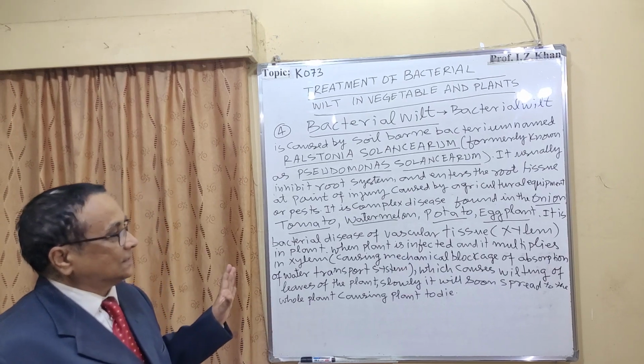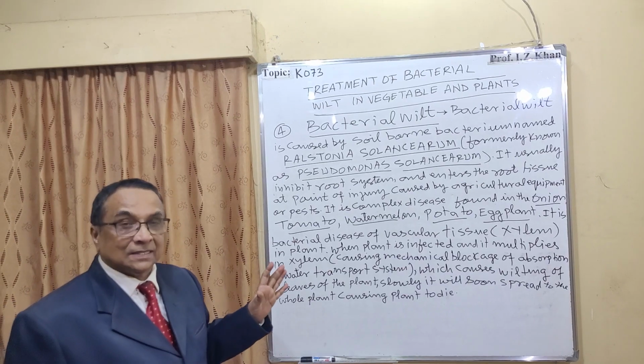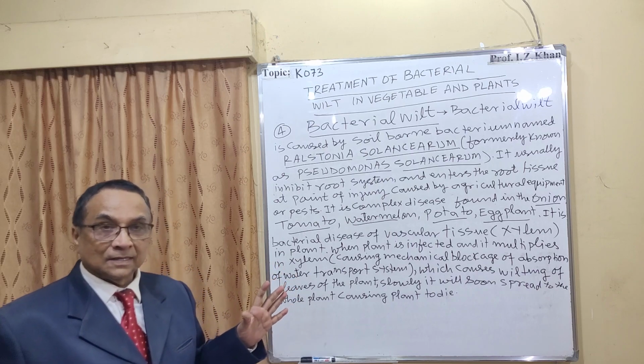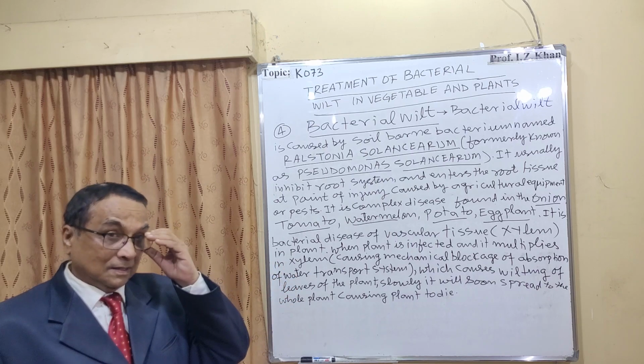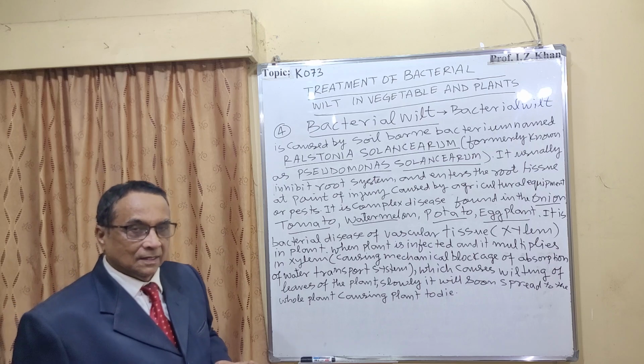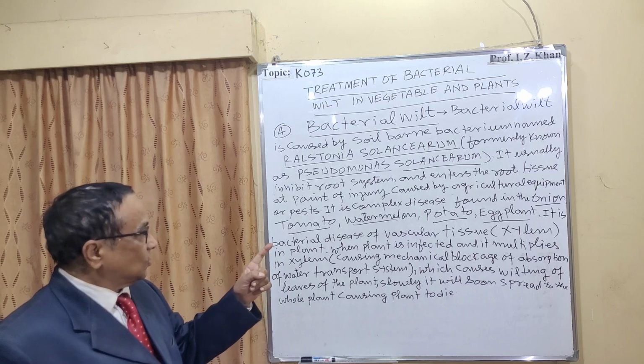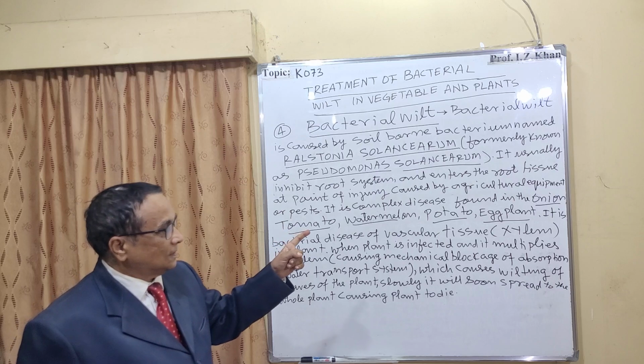So in this case, bleaching powder, that is calcium hypochlorite, is very effective, also for potato, tomato, watermelon, eggplant.